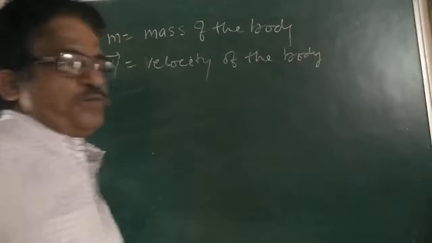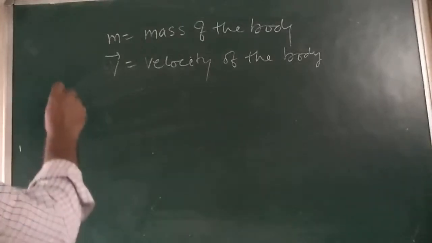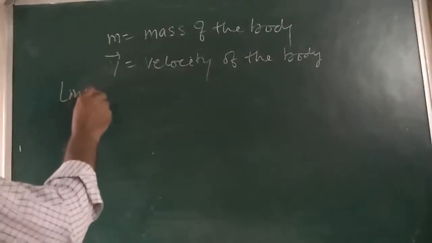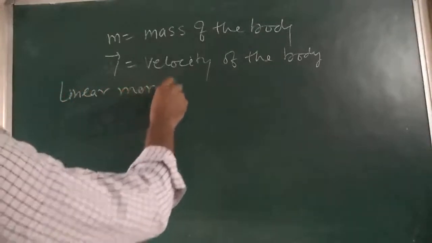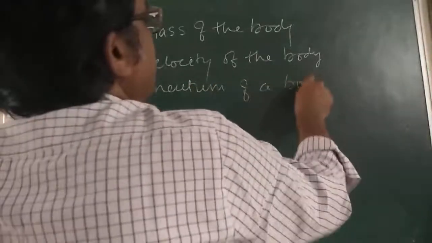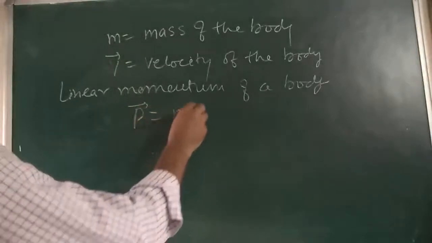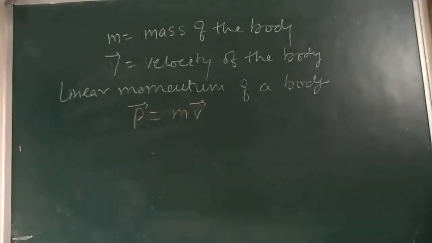Mass we know. V we know. Then we can say, what is the linear momentum here? Linear momentum is equal to the product of mass into velocity. So linear momentum of a body, P, is equal to m into V.